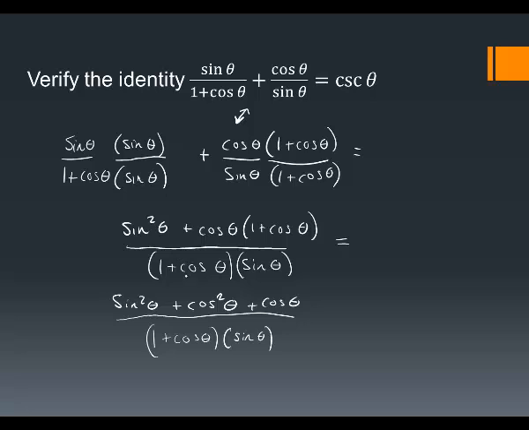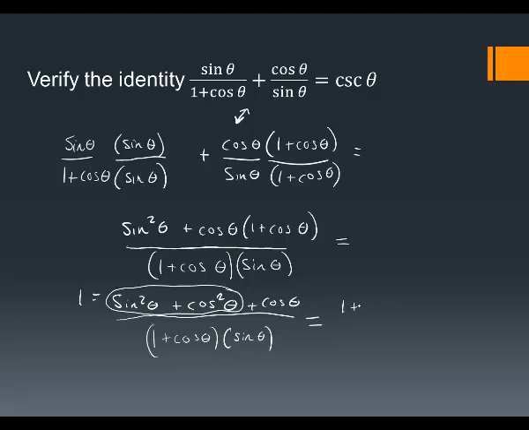Okay? So we can rewrite this, and I'm going to go ahead and just put it equal right here, but you're not supposed to. I would like you to stay on the same side, but I don't have enough room. This whole thing right here, the Pythagorean identity says it equals 1.